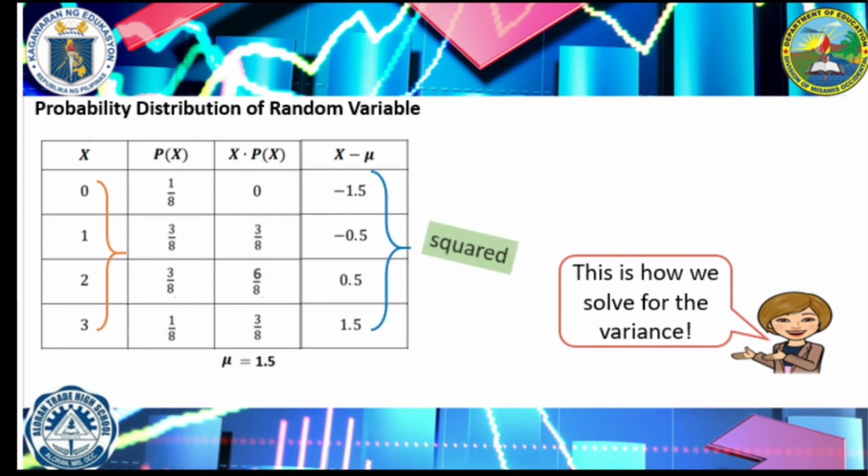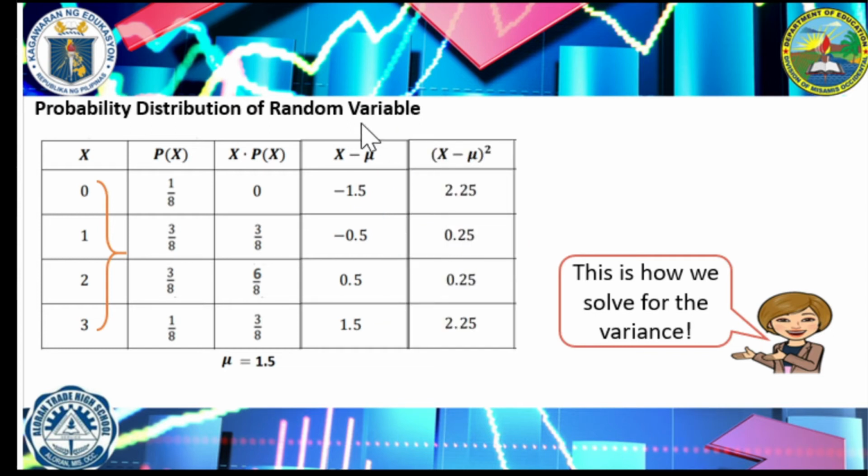After that, we square each member of the fourth column. After we square all of the values in here, we add another column, labeled (x minus mu) quantity squared because each of the values under this is being squared. After squaring it, we get the value from the probability of x, or the p of x.